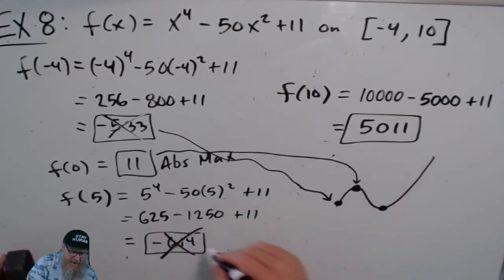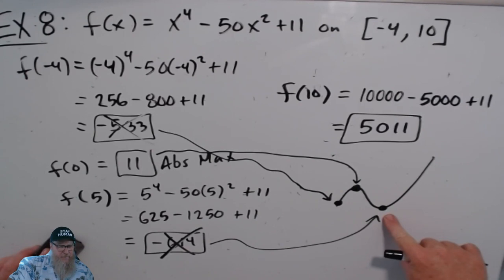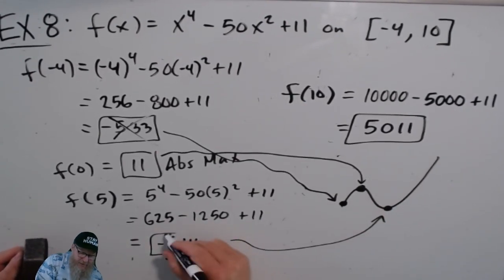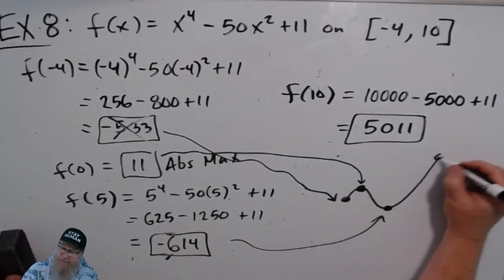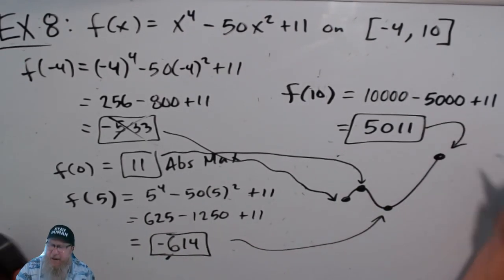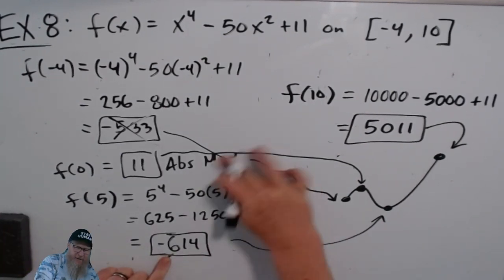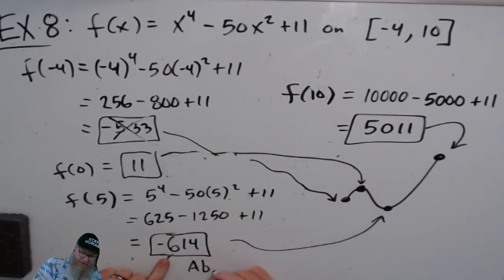At 5, it was this number, which, by the way, is now the absolute min, negative 614. And then absolute max is at 10. So this is now the absolute min.